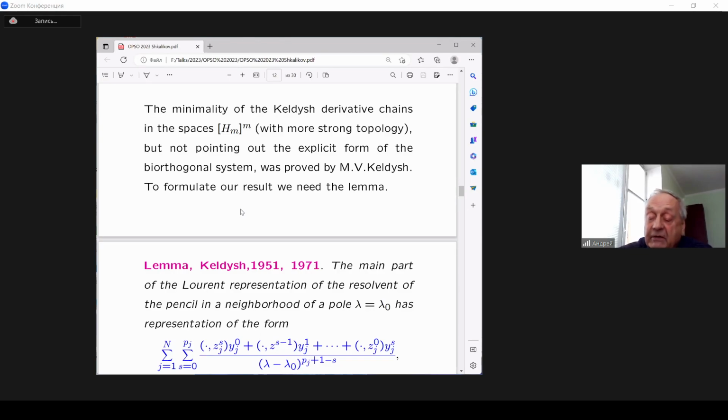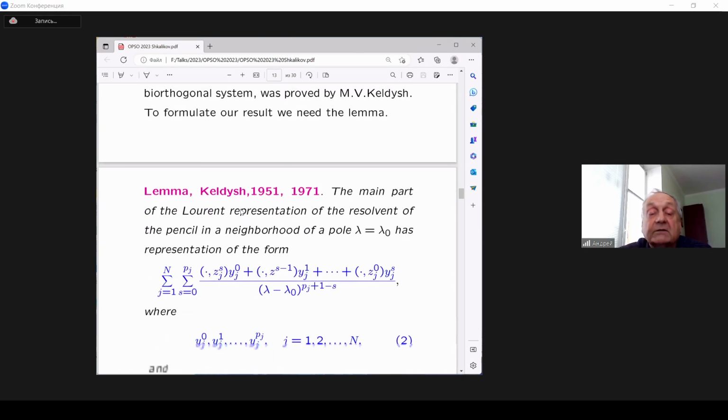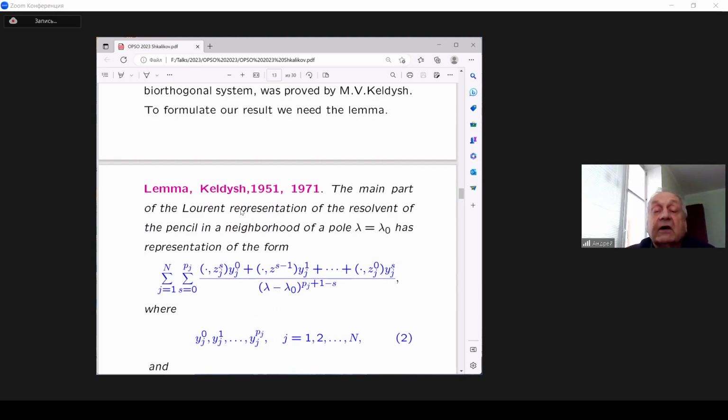Lemma, which was proved by Keldysh in 1951, and it was announced, and then in 1971, it was proved in detail. The main part of the Laurent representation of the resolvent of the pencil in a neighborhood of the pole lambda equals lambda naught has a representation of the form.